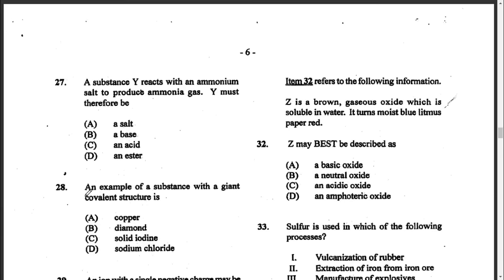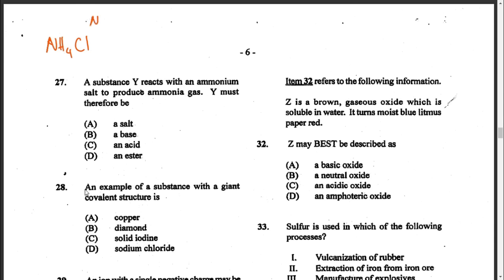27. A substance Y reacts with an ammonium salt to produce ammonia gas. Y must therefore be... let's take the ammonium salt, say ammonium chloride. This is an acidic salt, right? Why is it an acidic salt? Because it was produced from a weak base and a strong acid.